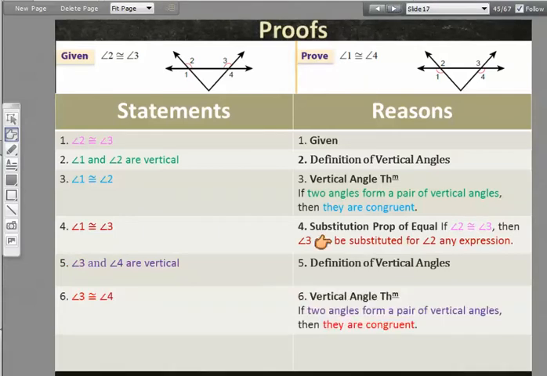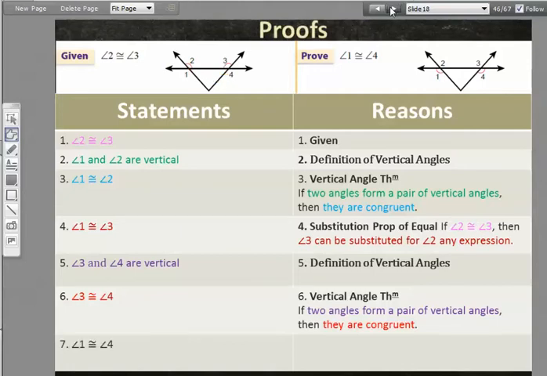So watch my reasoning here. Vertical angle theorem, if two angles form a pair of vertical angles, that matches my previous statement, they are congruent, matches my current statement. Now, I can say with conviction that angle 1 is congruent to angle 4.